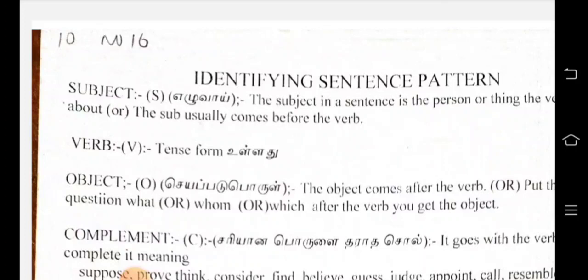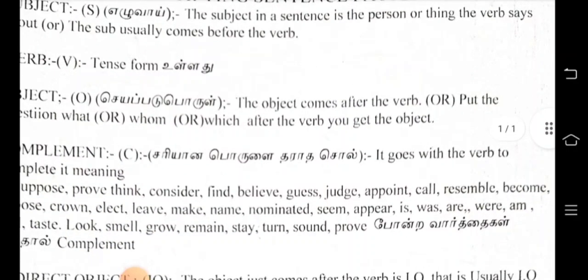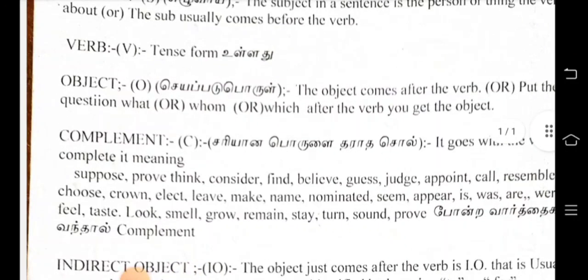And then complement. What is a complement? The complement goes with a verb to give it complete meaning. For example: suppose, prove, think, consider, find, believe, guess, judge, appoint, call.